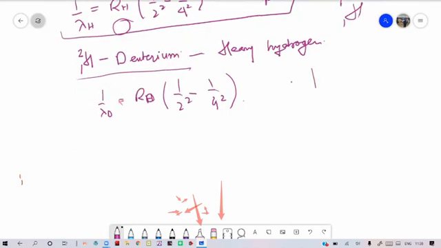And remember that the H beta line has a wavelength of 4861.33 angstrom.